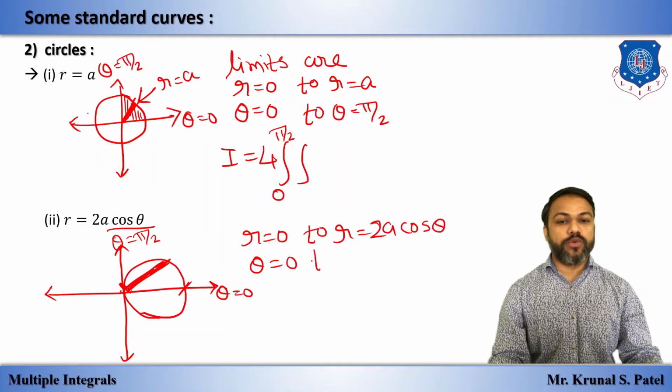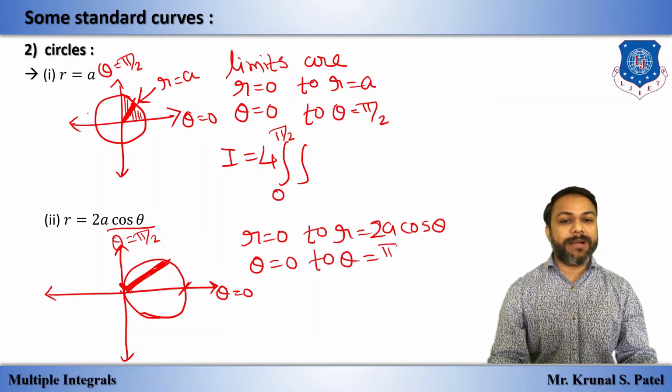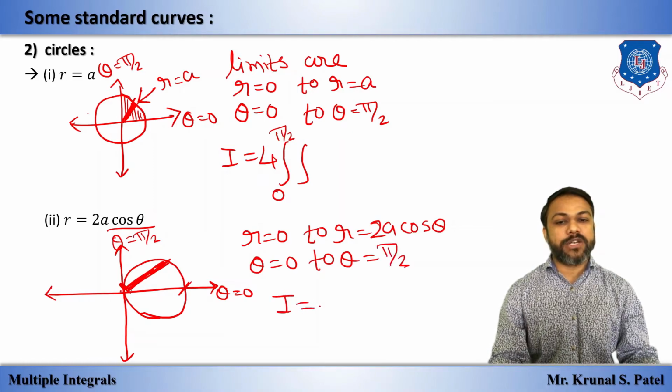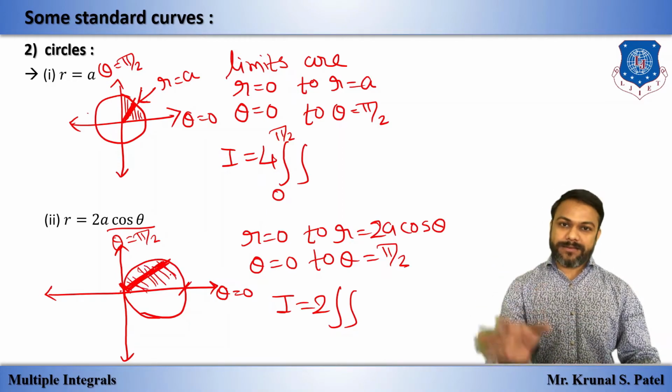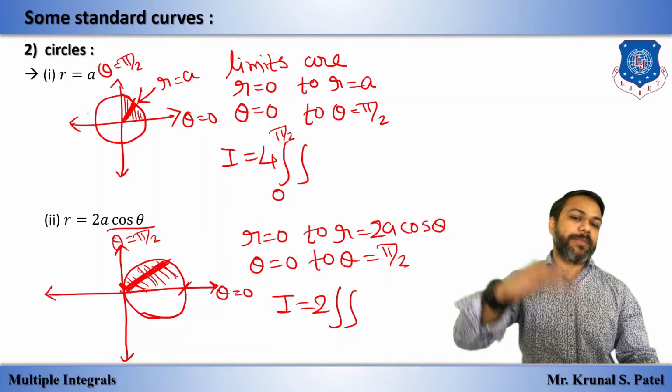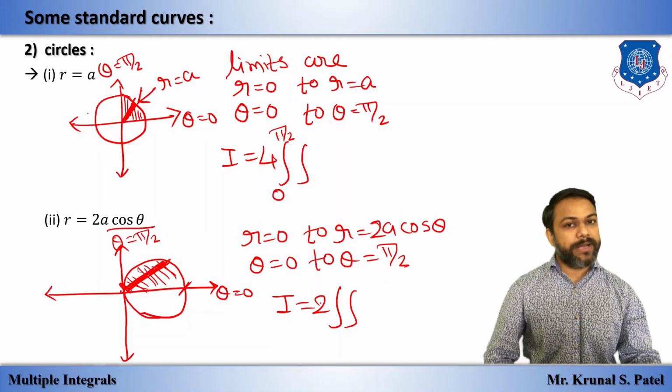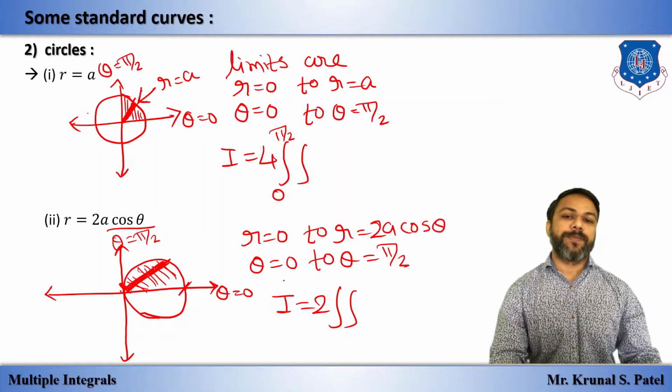So theta is equal to 0 to pi by 2, and we can multiply it 2 times because it is symmetric. So if it is the entire circle, multiply 2 times, and if it is the upper part, we multiply with only 1 and 0 to pi by 2.